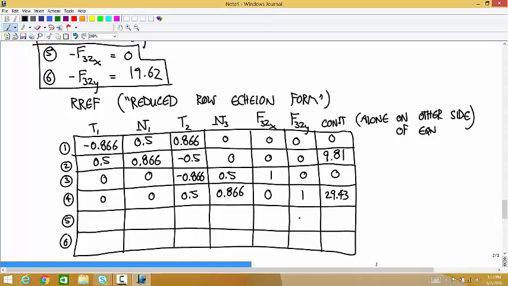I skipped an equation. Equation 5. F32X, we have negative 1. And everything else is 0. And equation 6, F32Y is negative 1. The constant is 19.62. And everything else is 0.